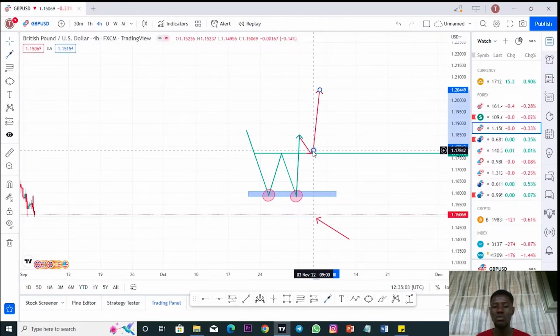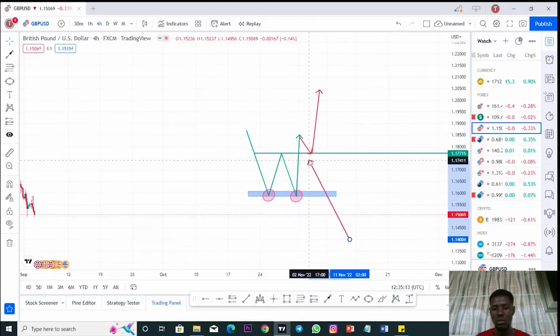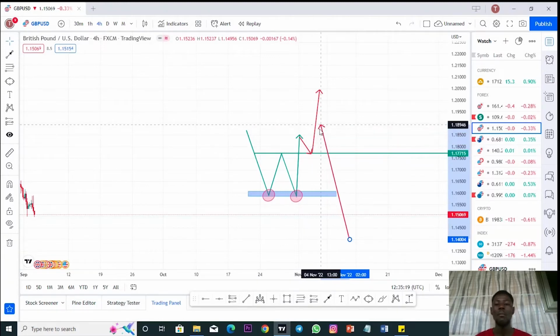This is how I trade my double bottom or the W pattern. So when the market breaks out of the neckline and comes back for a retest, that's where I'm confident and comfortable entering my position or my trade.